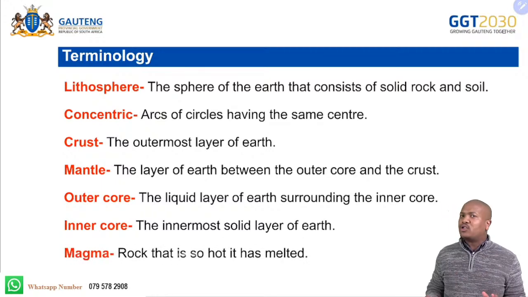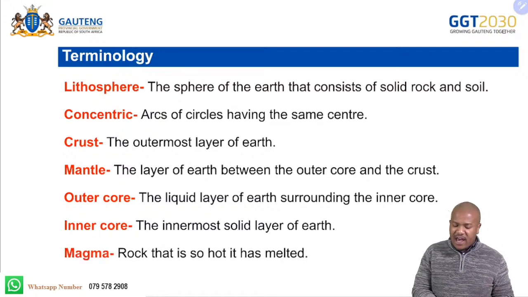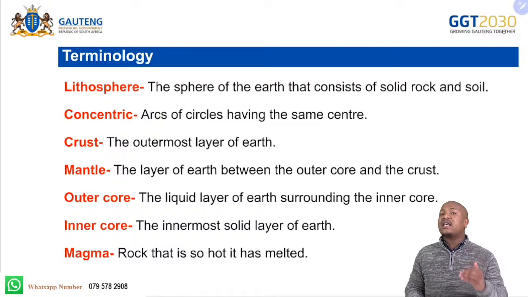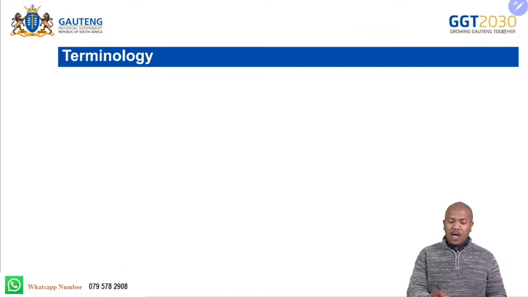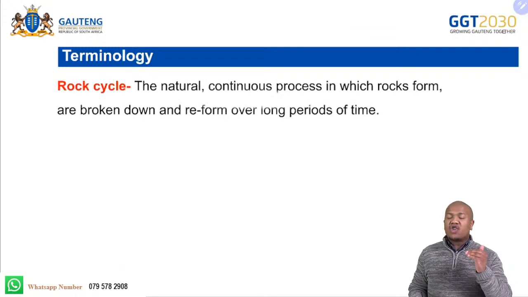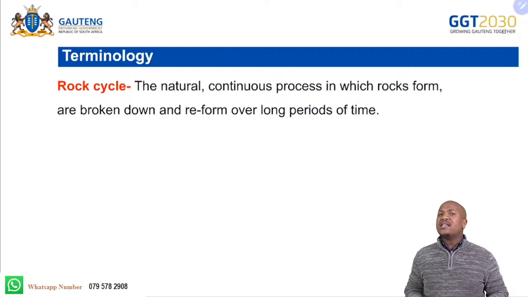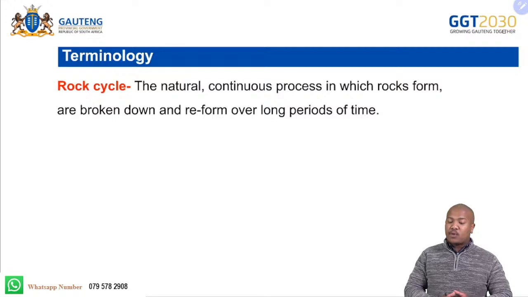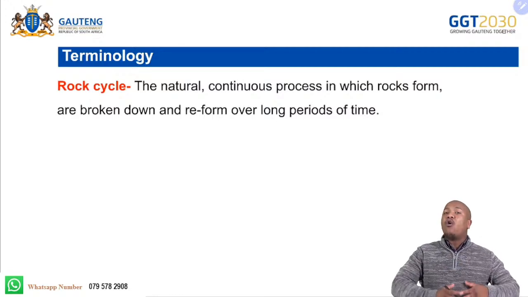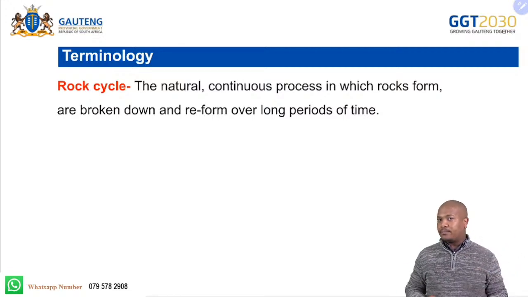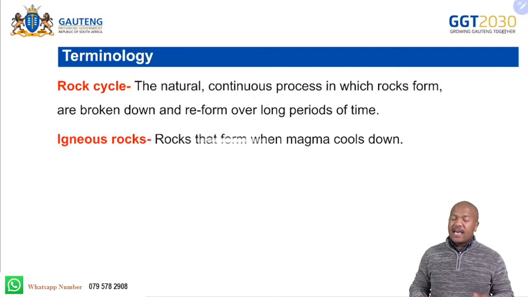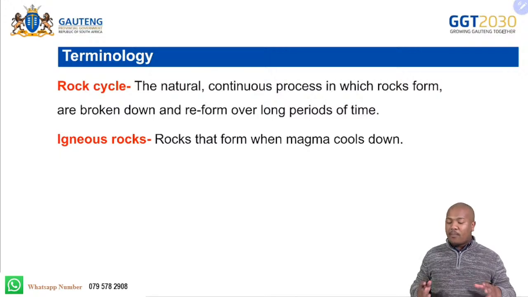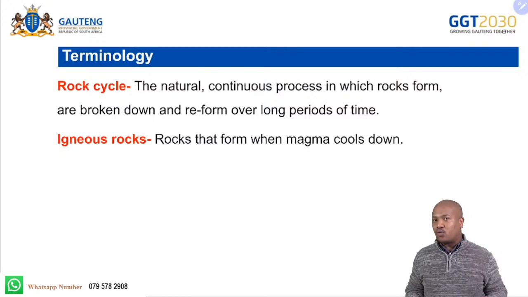Now, that's not all about our terminology. We still have others. We have magma, which is rock that is so hot that it has melted. Then we have the rock cycle, the natural, continuous process in which rocks form, are broken down, and reform over long periods of time. Then we have igneous rocks, which form when magma cools down.